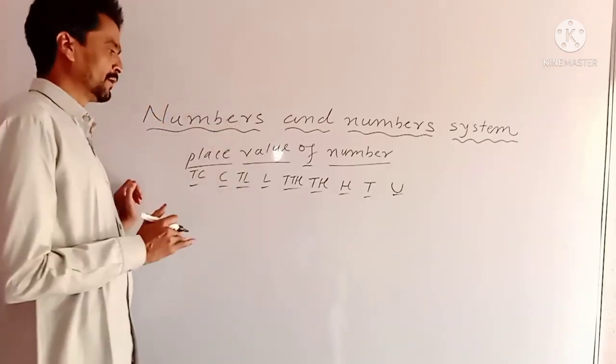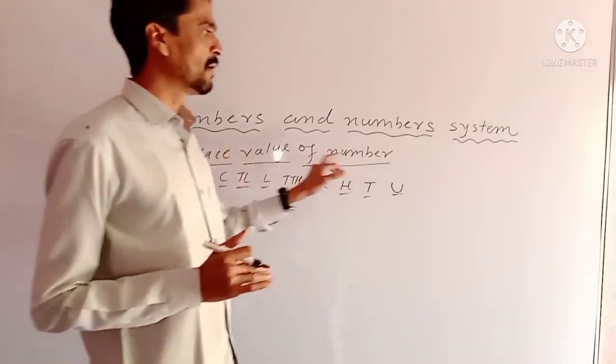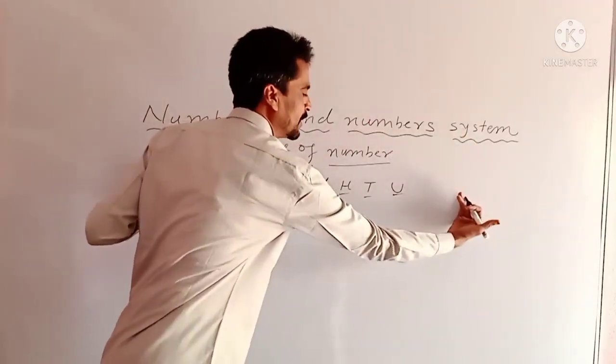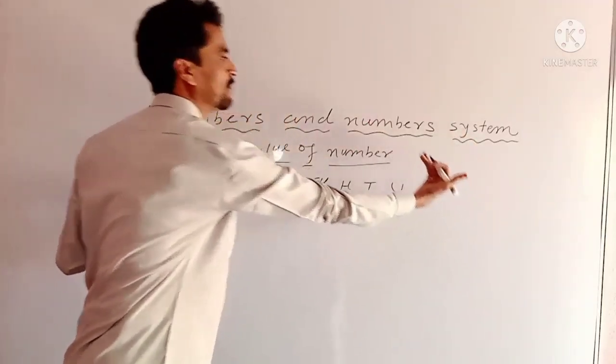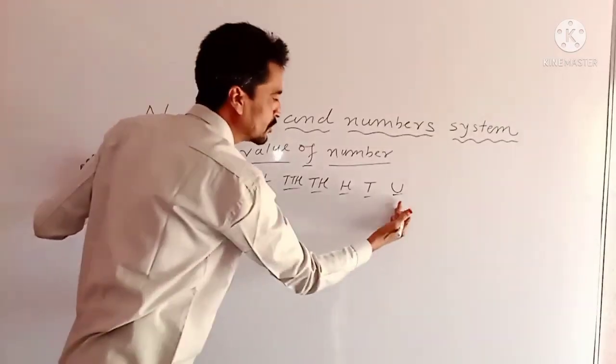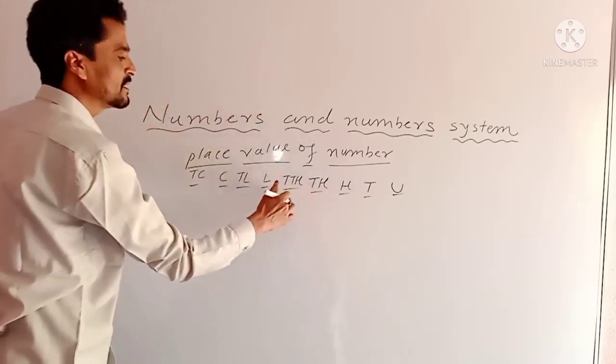When we have any number, we consider the place value of the number. When we consider the place value from right hand side to left hand side, it increases.